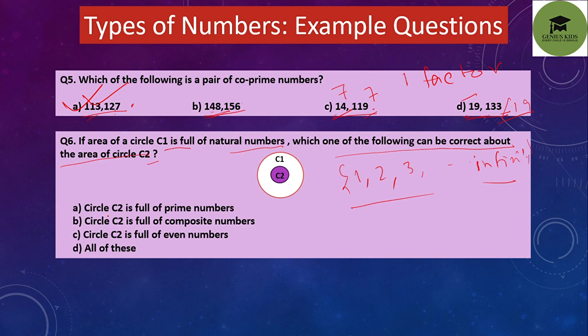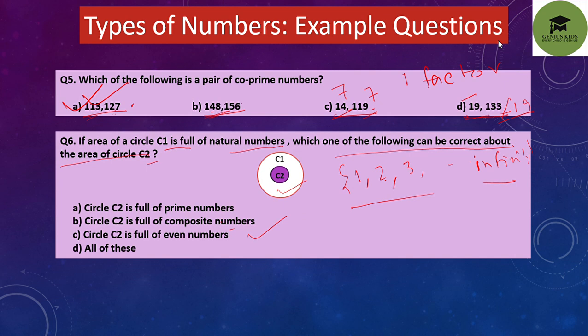So in this series, there are all types of numbers. So circle C2 full of prime numbers? Yes. Full of composite numbers? Yes. Full of even numbers? Yes. What is a prime number?